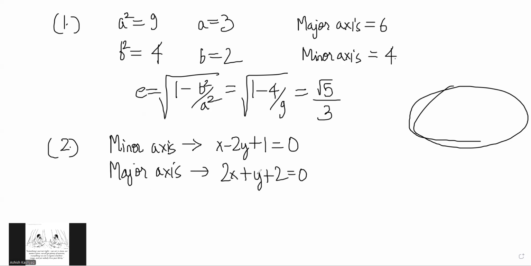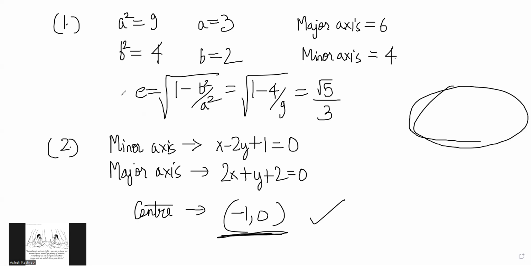If you solve these two together, you will get the center of the ellipse, right? The center will be the intersection of these two, and that comes out to be minus 1 comma 0. So the center of the ellipse is this. Major and minor axis have been found, and eccentricity and the length of the axis also have been found, right?